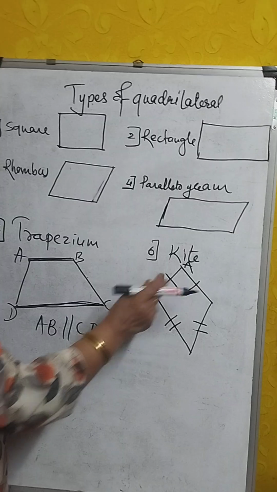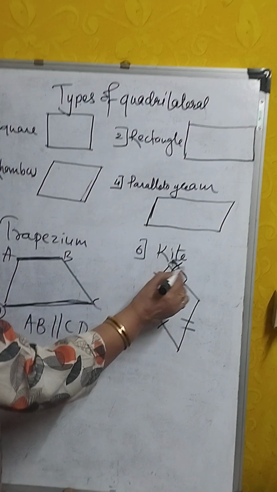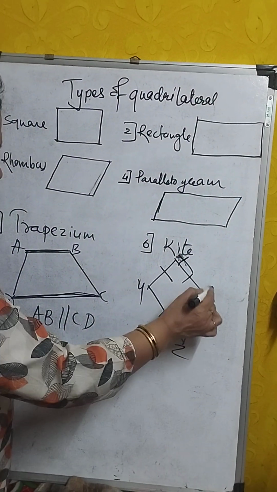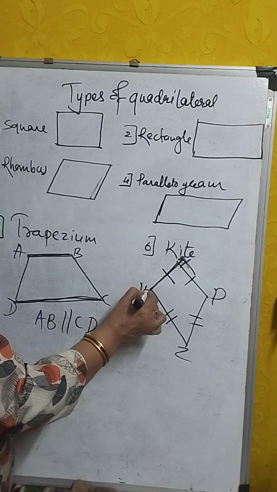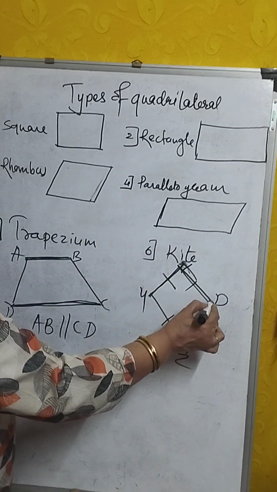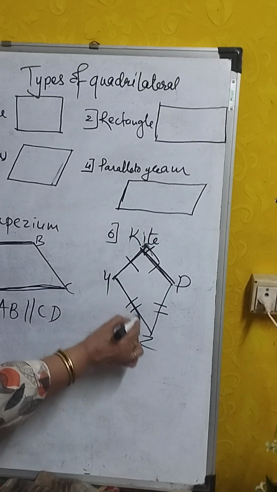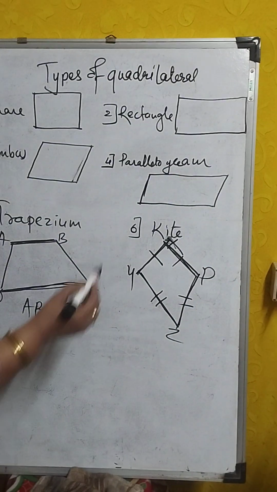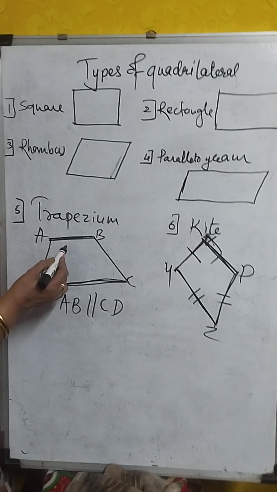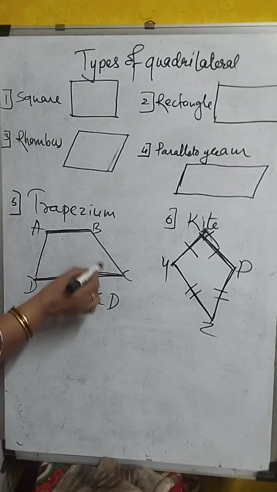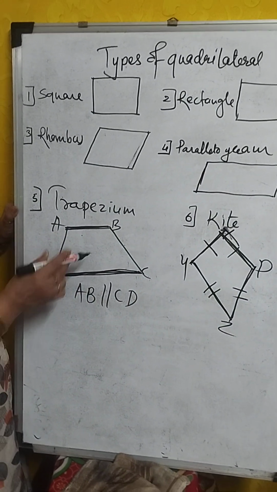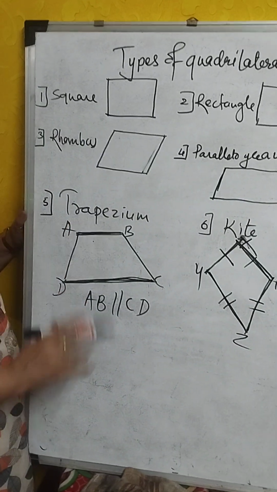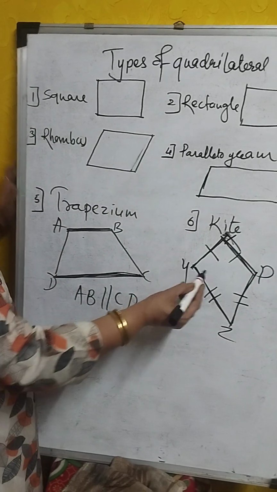Suppose this is XYZP, then XY is congruent with XP, and YZ is congruent with PZ. In a trapezium, only one pair of opposite sides is parallel.